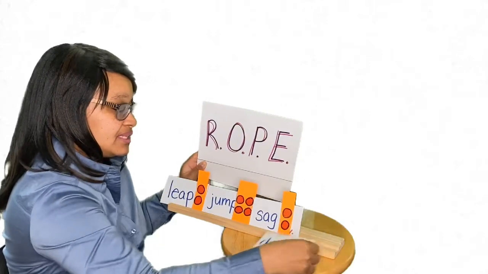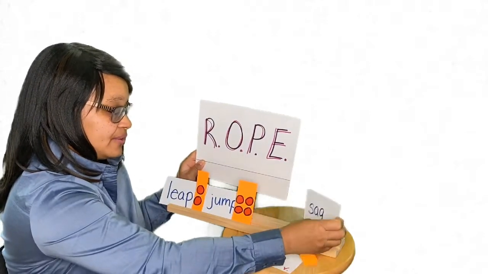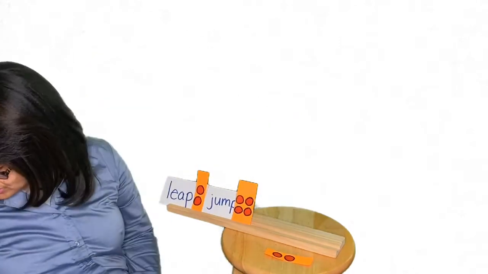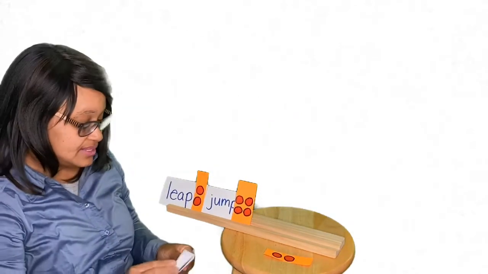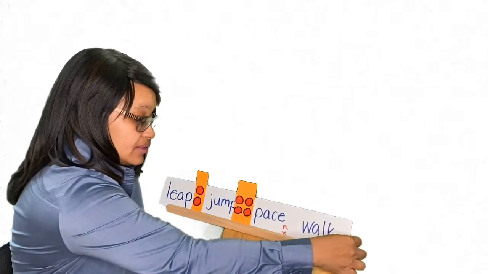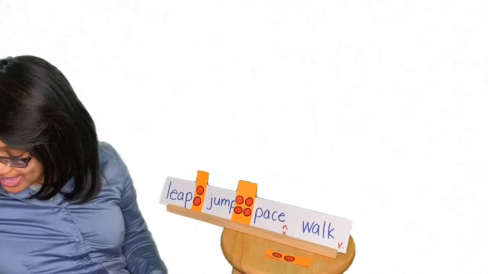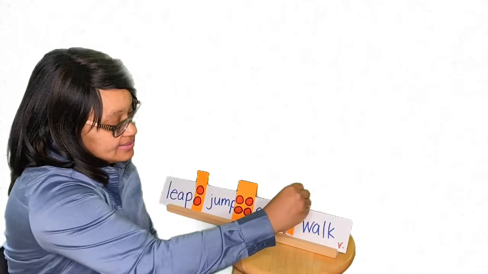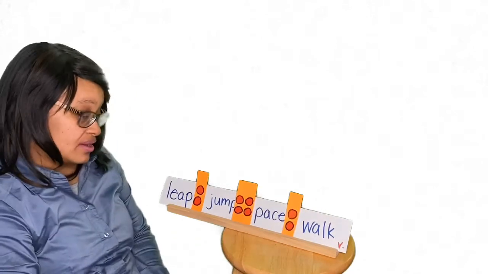What if we replace this analogy pair with a new pair? What if we replaced it with pace and walk? So we have leap is to jump as pace is to walk.